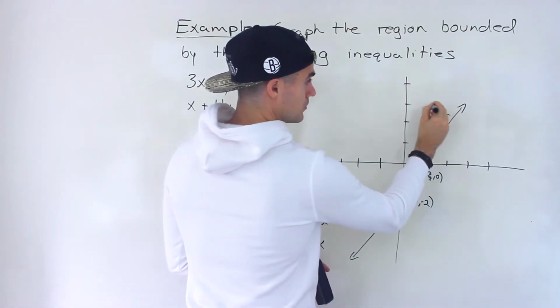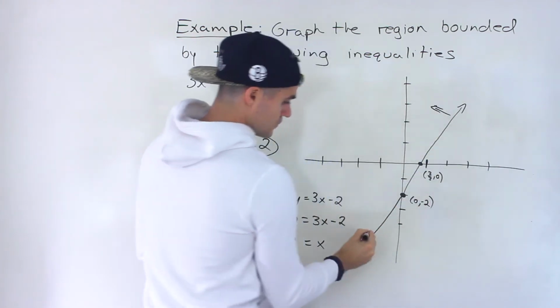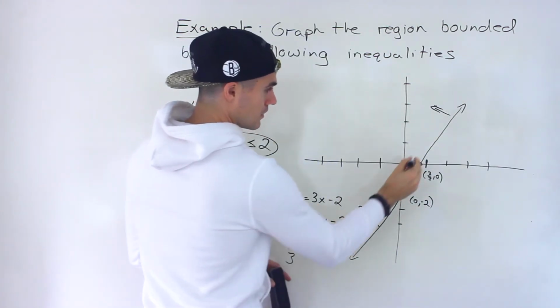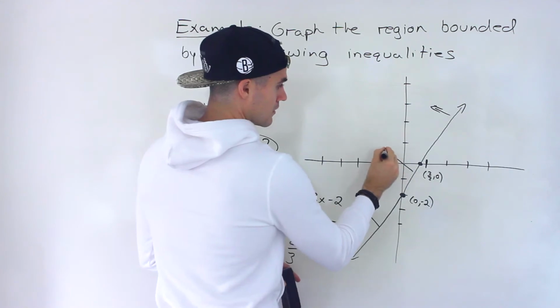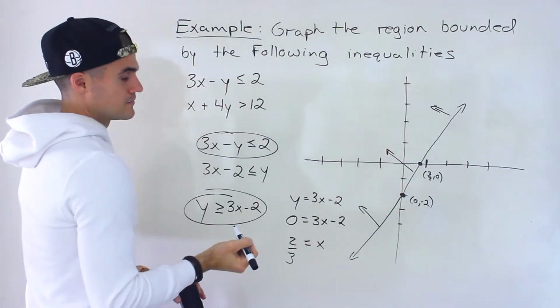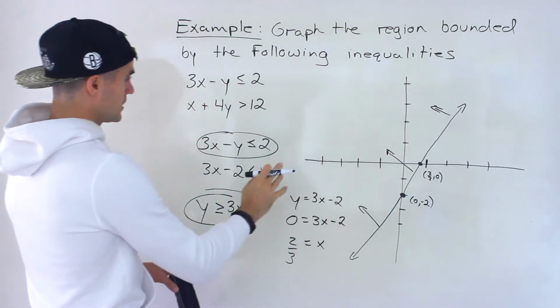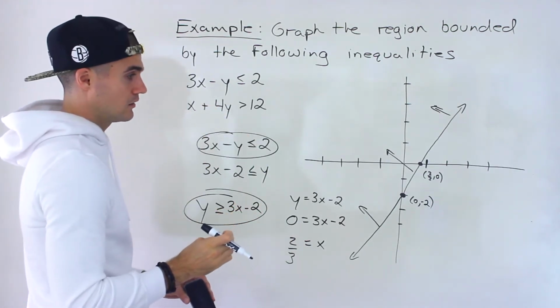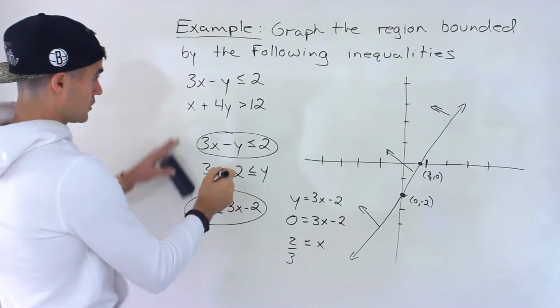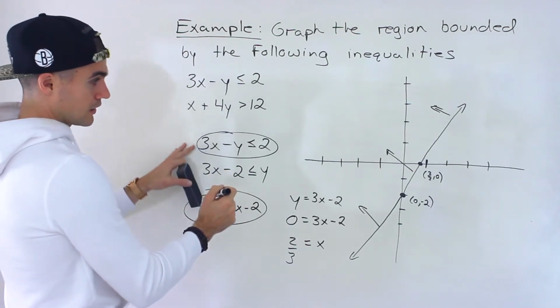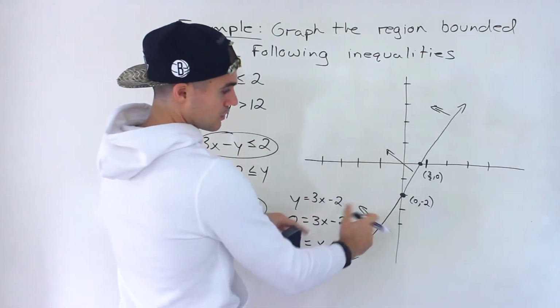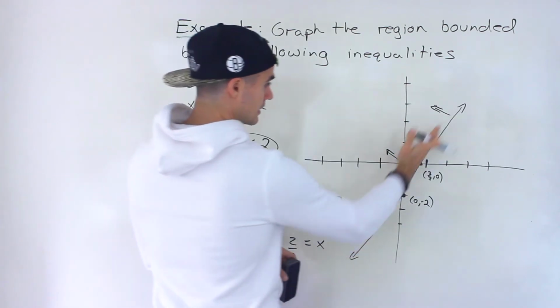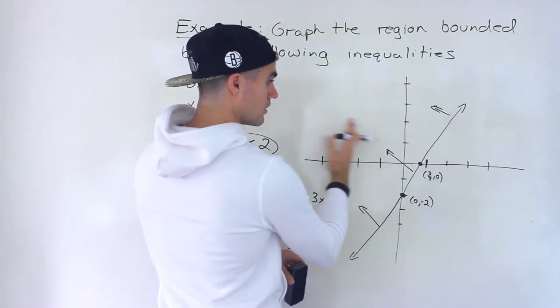So what I'm going to do is I'll put just a few arrows over here coming out of this line. I'm not going to shade in the full region because I want some room to graph that other line as well. But if we're just looking at that first inequality, this here would be the solution. So this is the line, and then it's all of this region here.